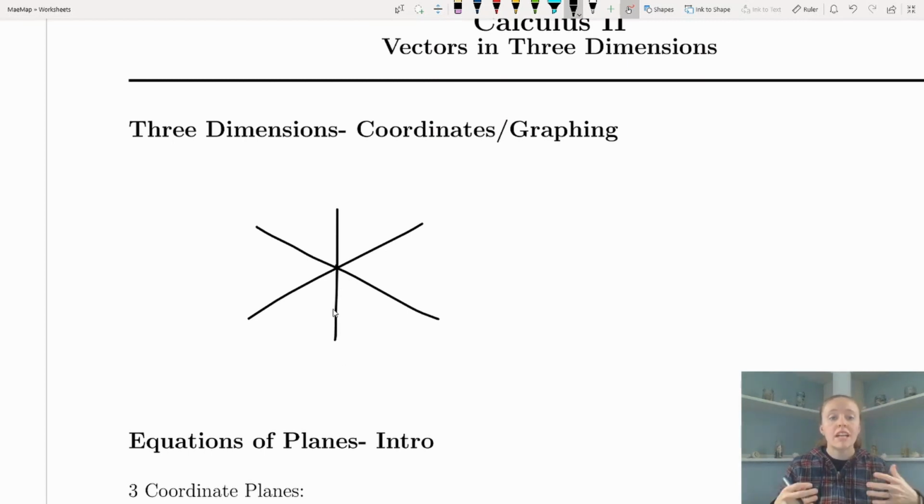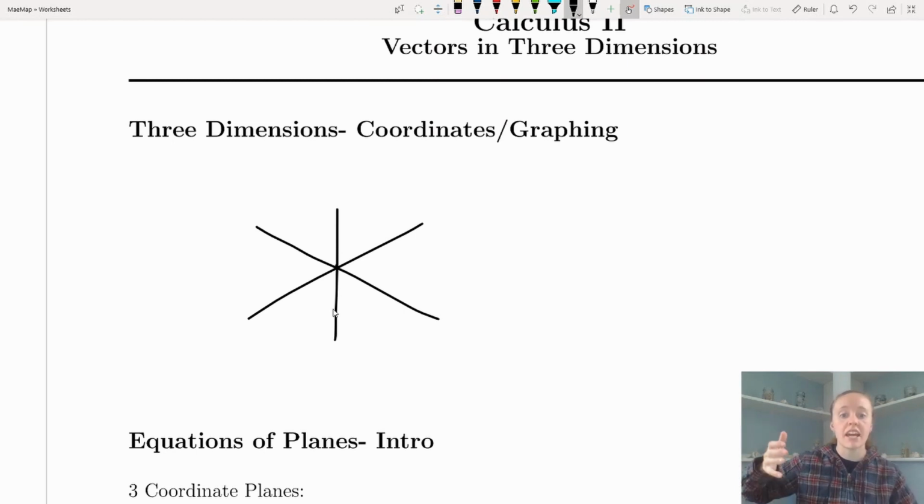Now when drawing those coordinates in 3 dimensions, setting up our coordinate axis, we have to be conscious of the right hand rule. And what the right hand rule says is going to look a little backwards since I'm mirrored right now, but if you take your right hand, so this may seem like it's my left hand to you guys, but it's my right hand.